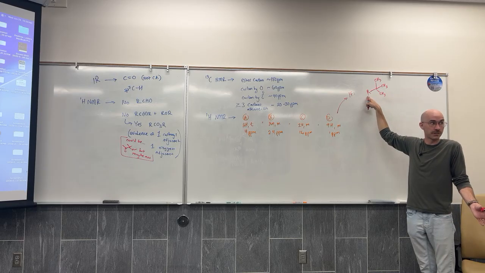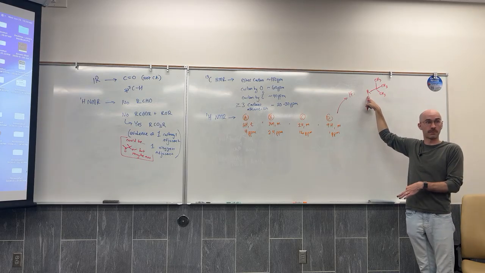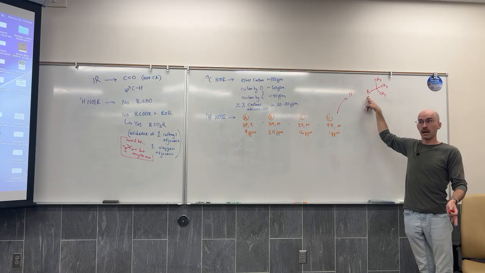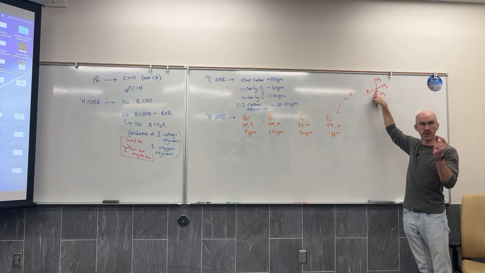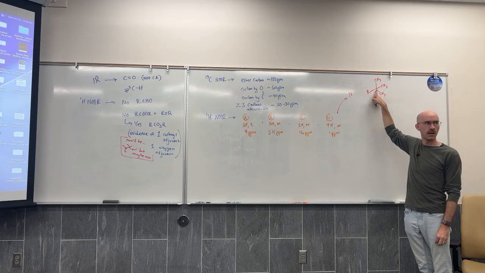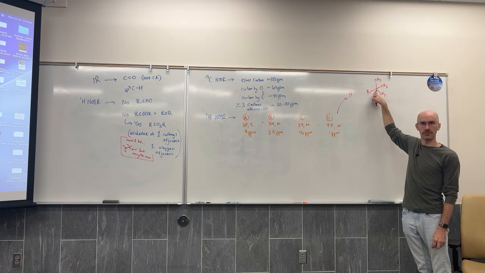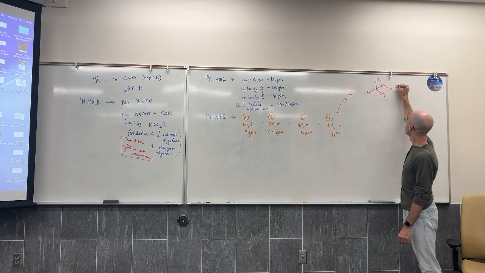There's got to be other stuff going on. Maybe it connects to the carbonyl. Maybe it connects to the oxygen. But this carbon of the tert-butyl group would have no hydrogens on it. And if it has no hydrogens on it, then all 9 of these protons show up as a singlet.